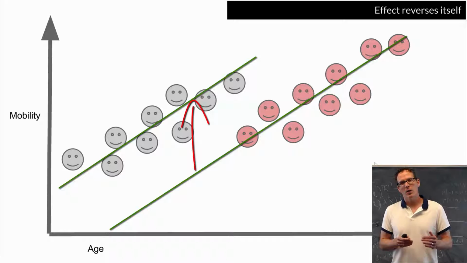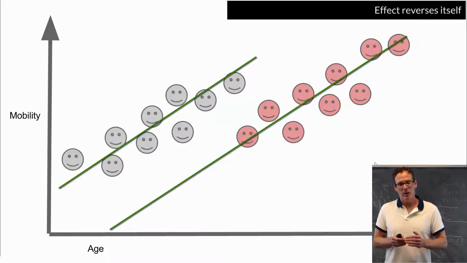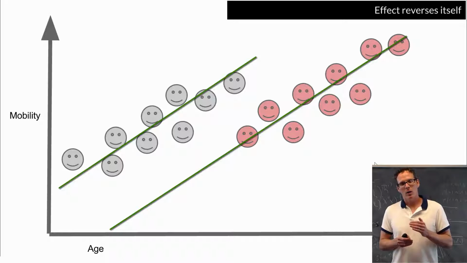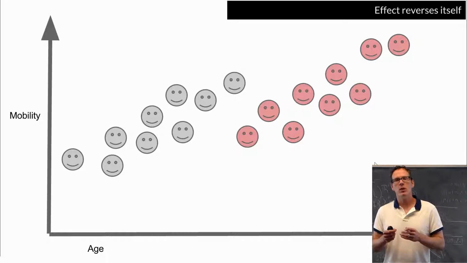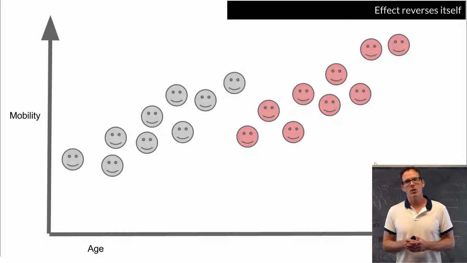That the Fitbit mobility is higher than the control mobility. And this is an example where the effect would actually reverse itself. It would have gone from a significant effect in one direction to a significant effect in the other direction after the inclusion of age in our regression model.